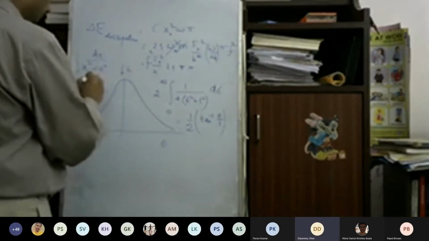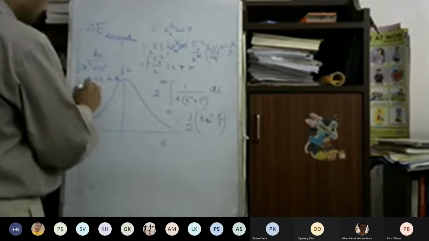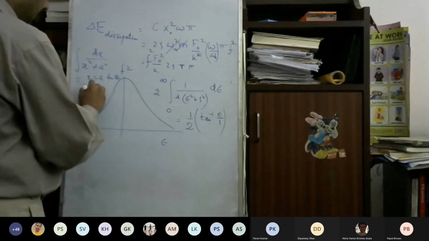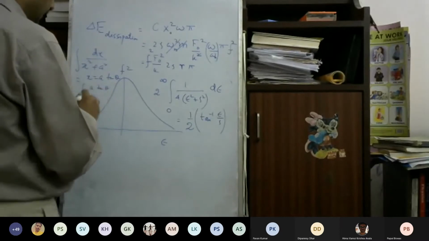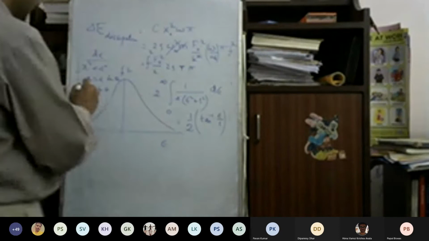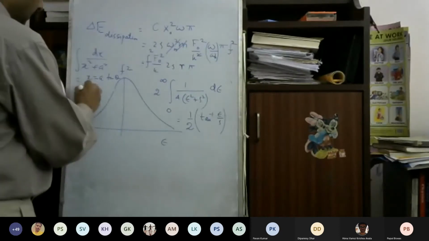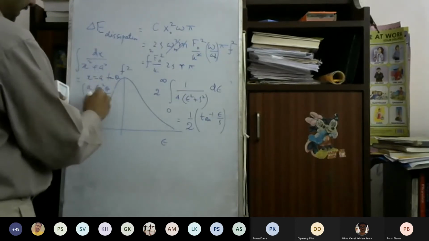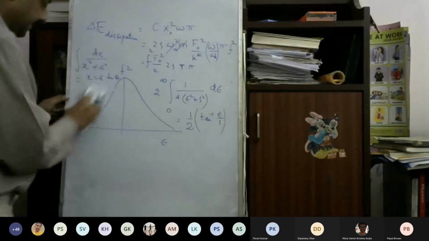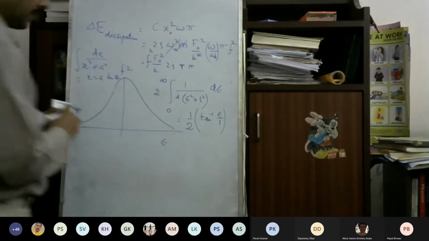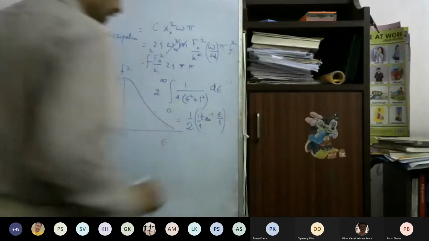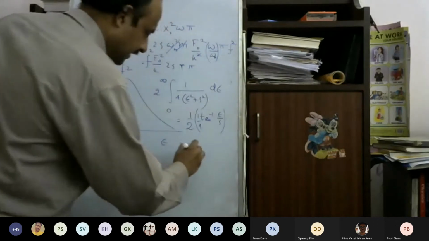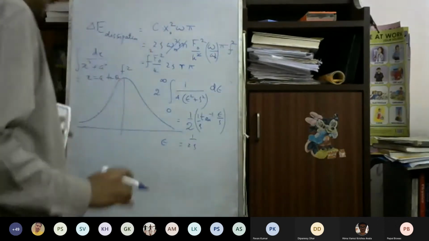So this becomes a tan theta, and dx equal to a sec square theta, divided by a square sec square theta, yes, 1 by a. So this becomes actually 1 by zeta, this part. Now this is 1 by 2 zeta.